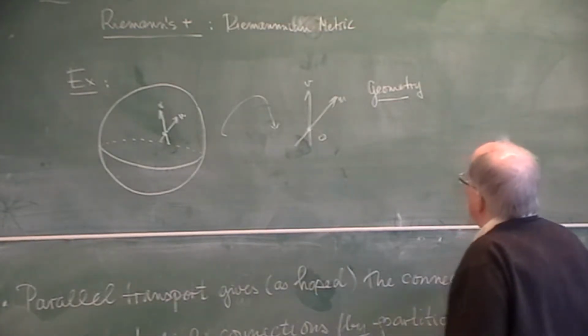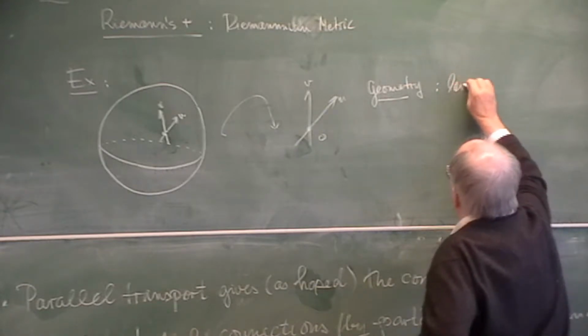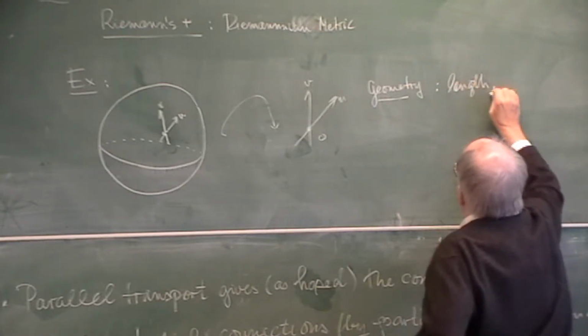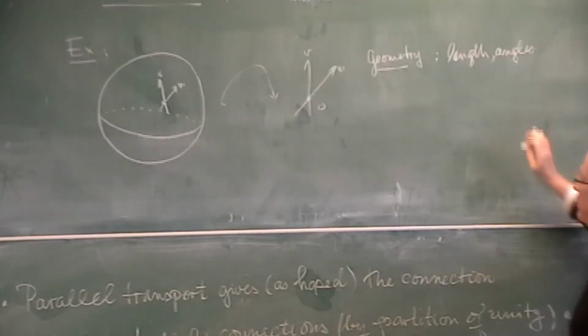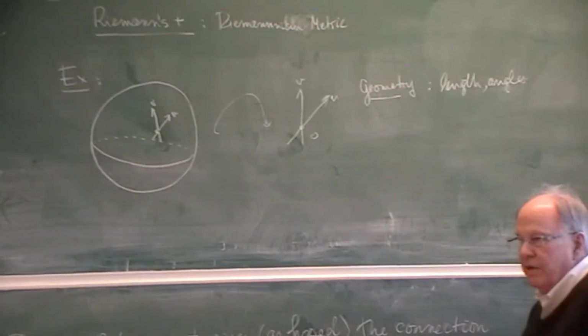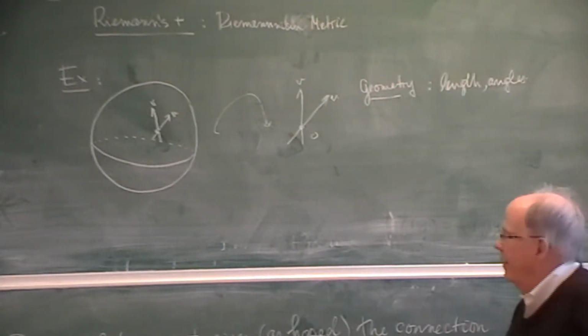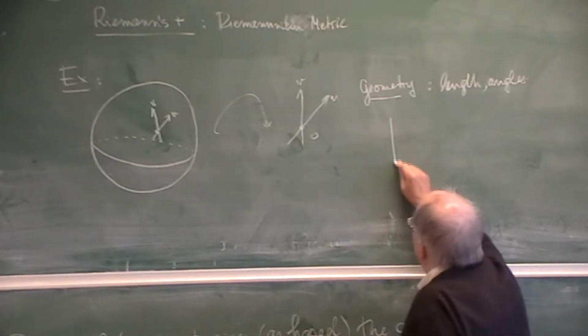And then, of course, geometry, so somehow you need to know length and angles. And what you learn, of course, and everybody forgets to tell you at first, is: here we go.